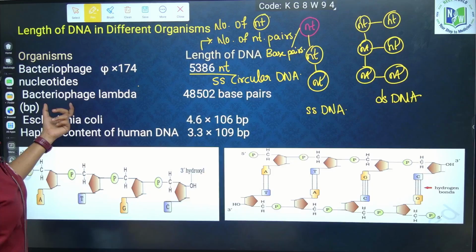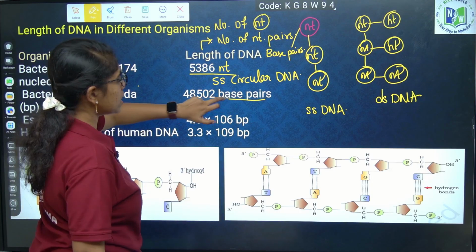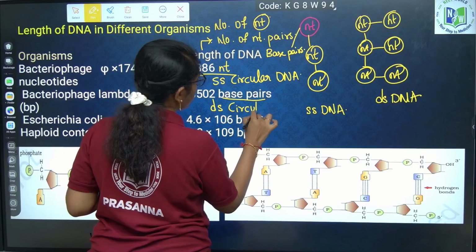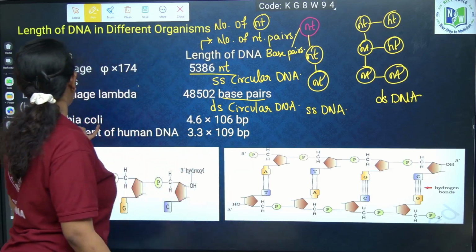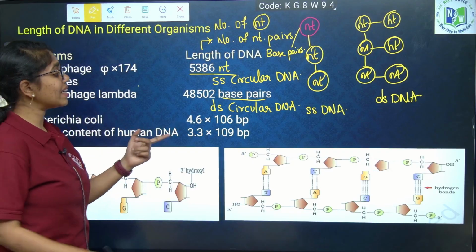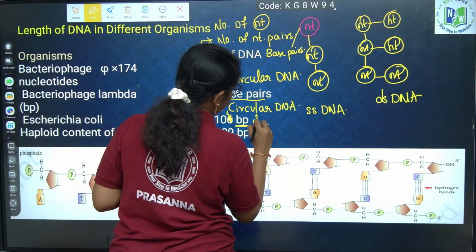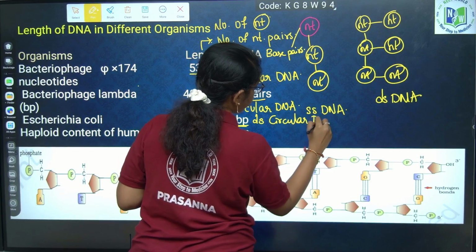If you look at bacteriophage lambda, it has base pairs, which means it is double stranded circular DNA. If you look at E. coli, 4.6 into 10 to the power of 6 base pairs, again it is double stranded circular DNA.